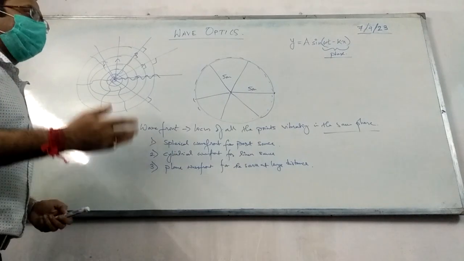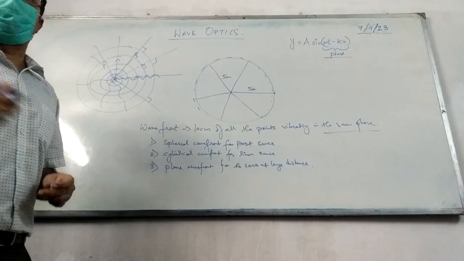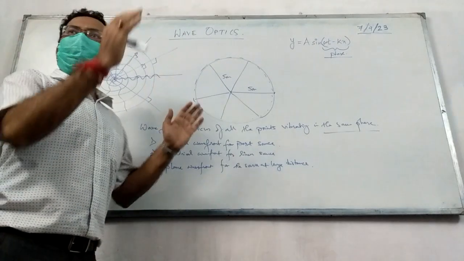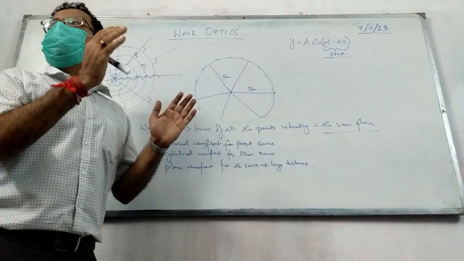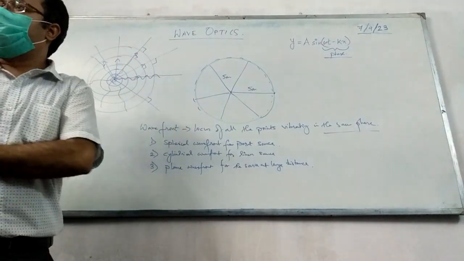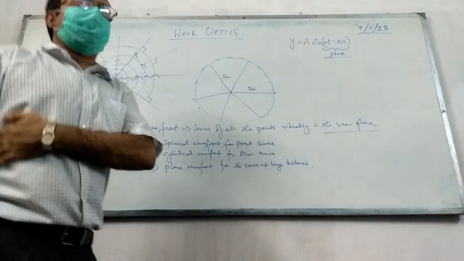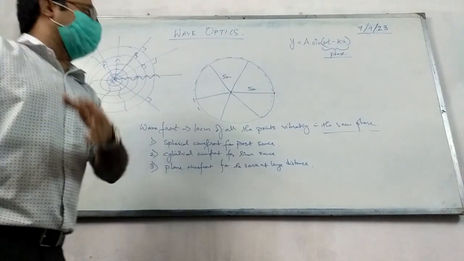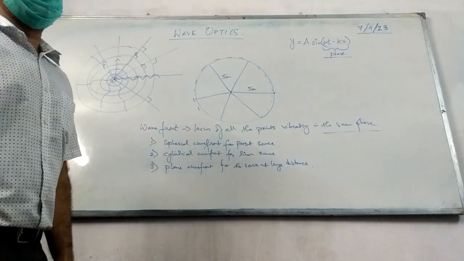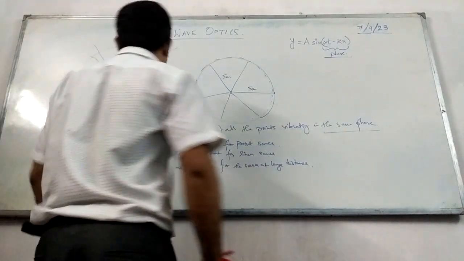Okay? And the waves actually propagate perpendicular to the wavefront. So whenever you draw a wavefront around, look at a wavefront, then the waves will always be perpendicular. Alright? So in your assignment you will find the diagrams for spherical, cylindrical and planar wavefronts just at the top.